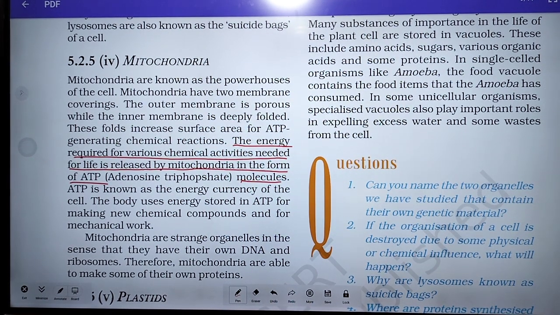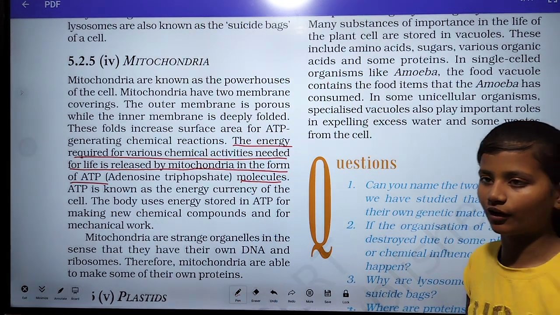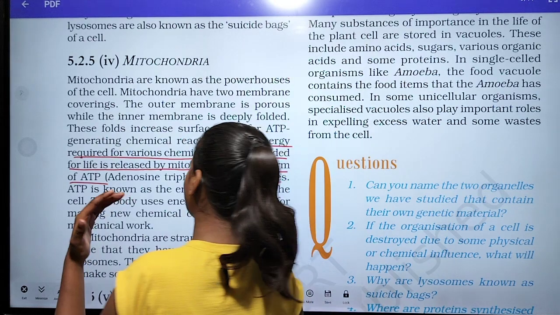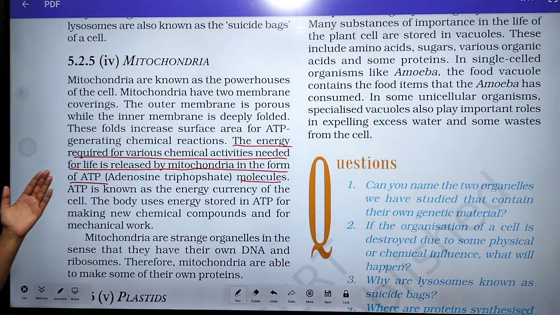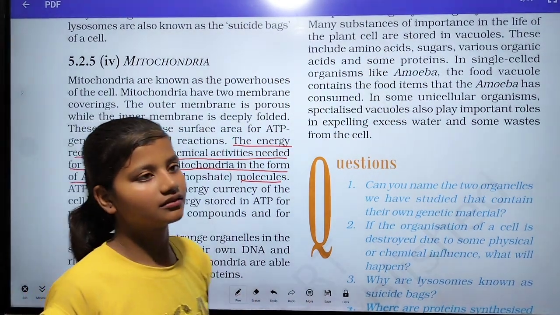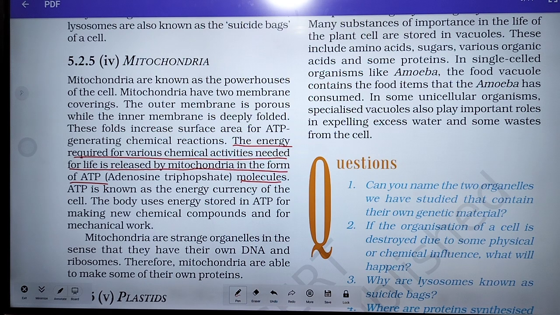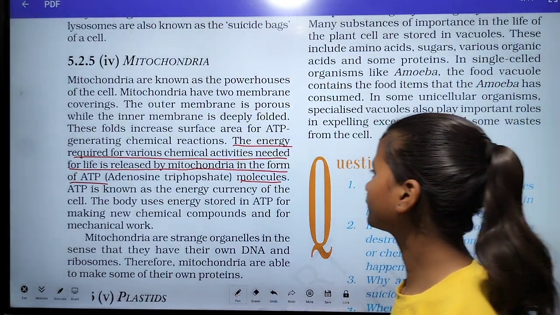ATP. It means if we do any type of activity in our body, we need ATP, and mitochondria release energy in the form of ATP.